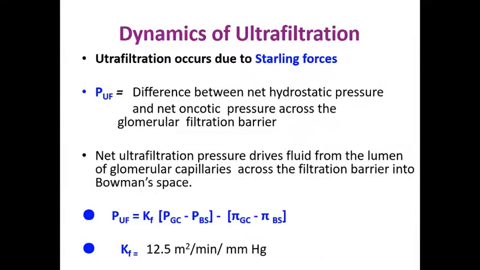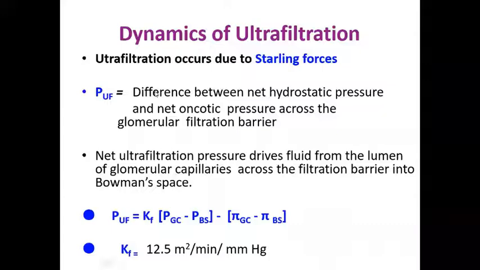So the net ultrafiltration pressure drives fluids from the lumen or the glomerular capillaries across the filtration barrier into the Bowman space. But there are factors that are accompanied with the filtration membrane. Remember, we say that there are forces.